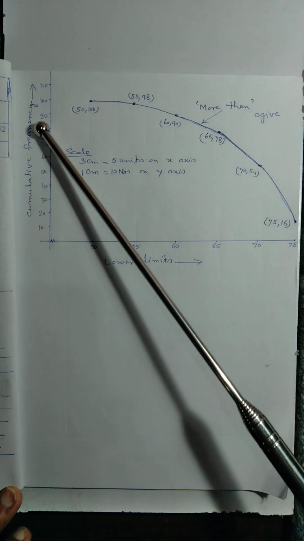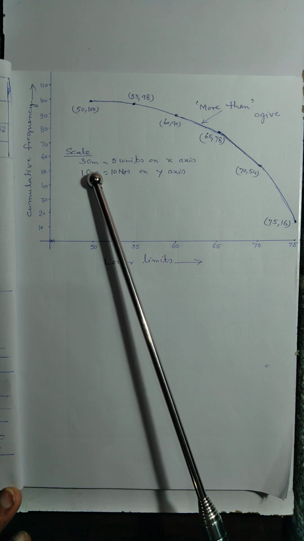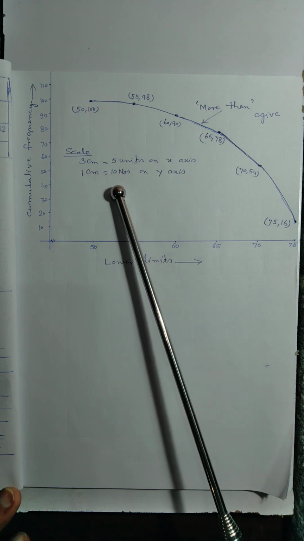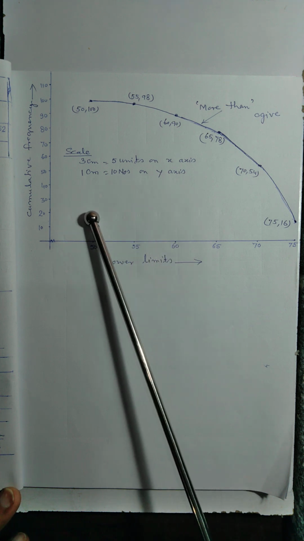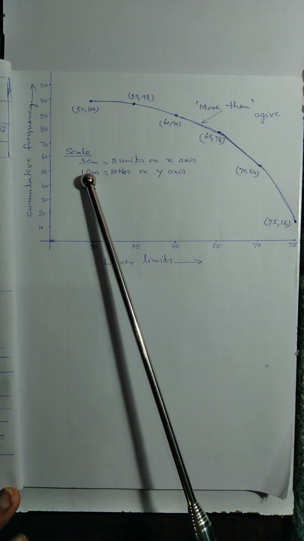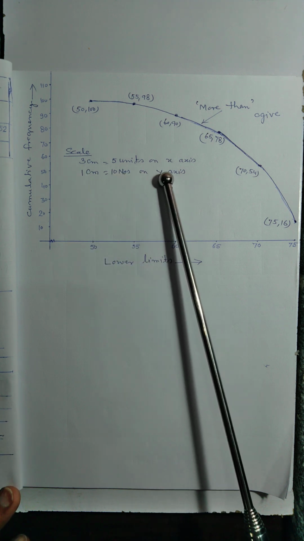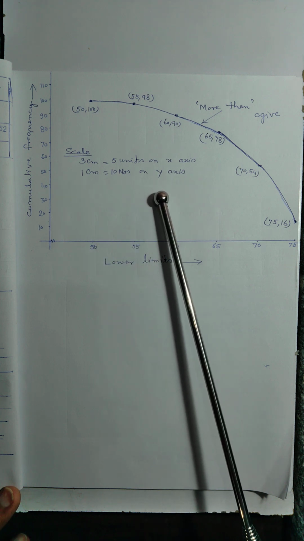Along the y-axis, cumulative frequency has been represented. The scale I have written here: 3 centimeter is equal to 5 units on the x-axis, 1 centimeter is equal to 10 numbers on the y-axis.